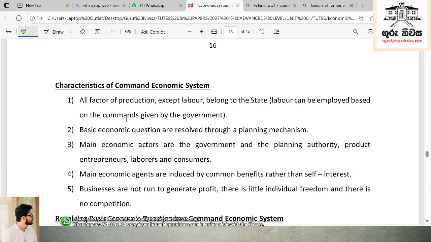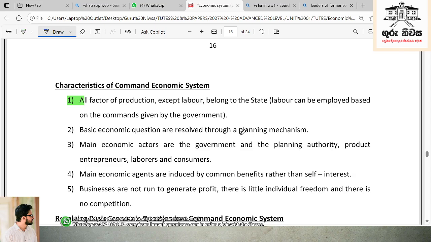Labor can be employed based on commands given by the government. This is the first one, property ownership belongs to government except labor. Second, basic economic questions are resolved through a planning mechanism, meaning the commands given by the central planning authority.